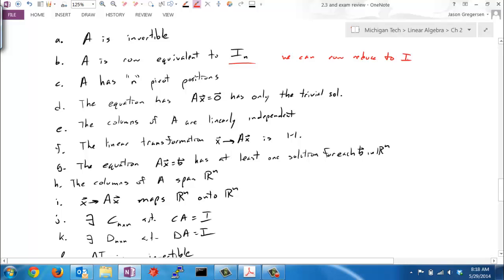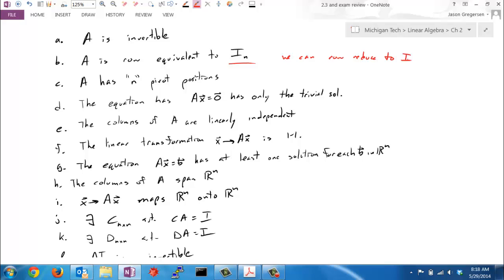The next one says A has n pivot positions. How can we justify that one's true? Why does that one make sense? If A is invertible, it has to have n pivot positions.